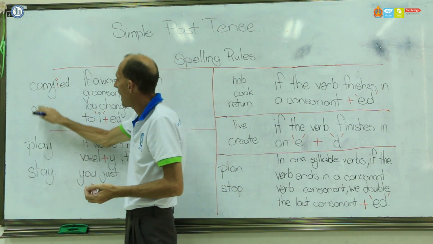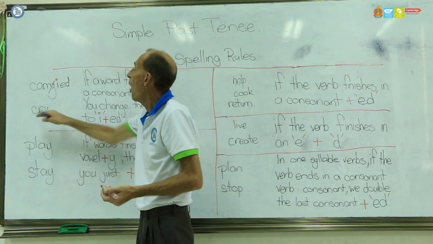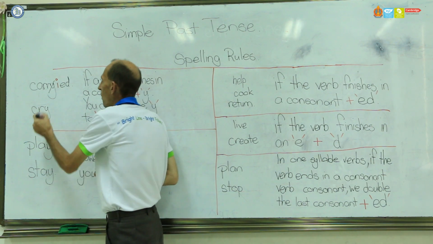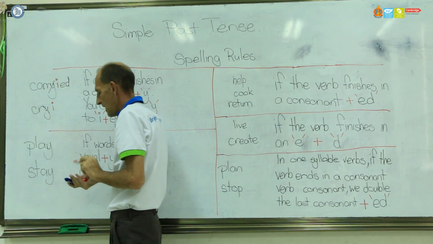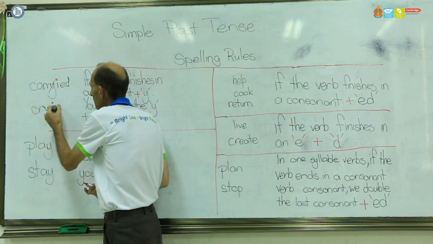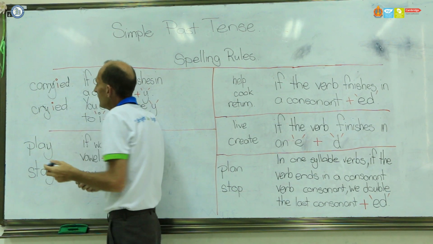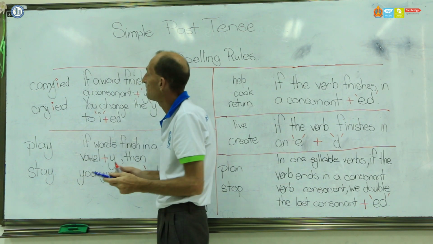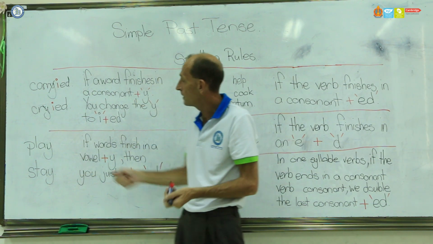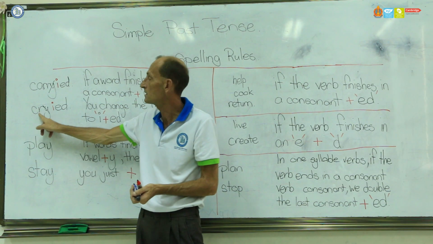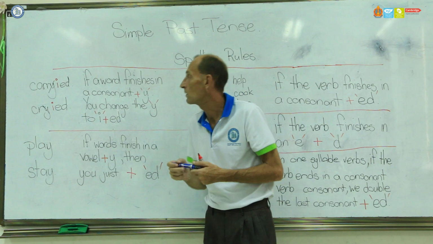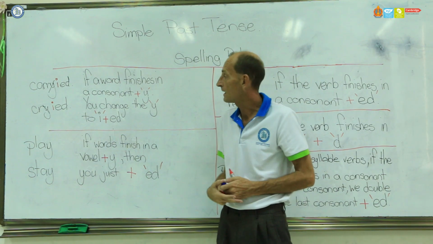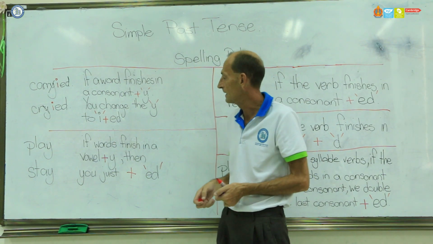We cross out the Y, add the I, and then we put ED. So that's very simple. When our words finish with a consonant and then a Y, we just cross out the Y and it becomes an I and then add ED.